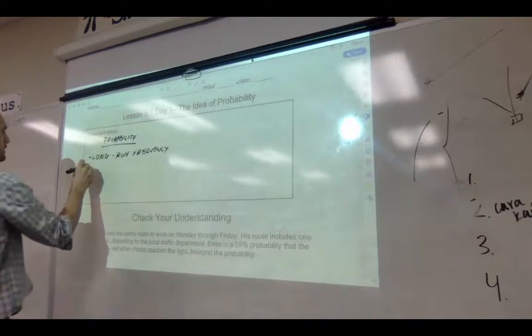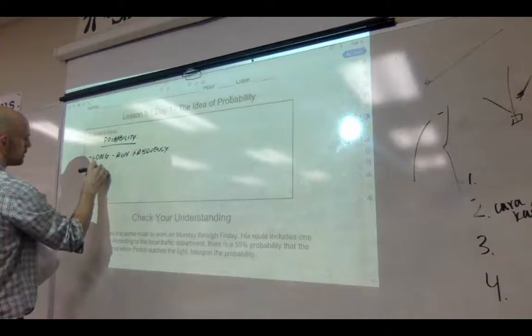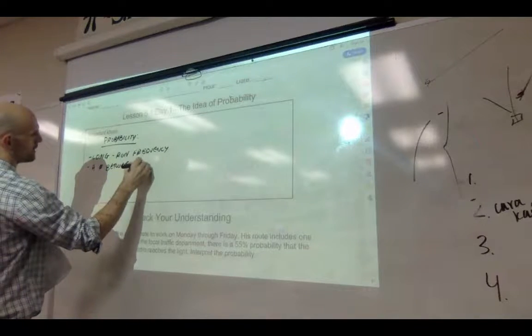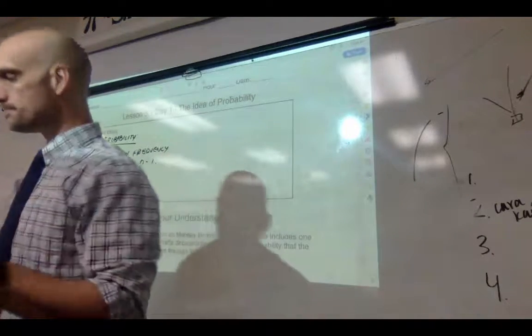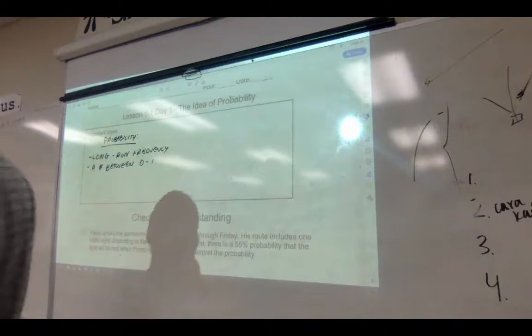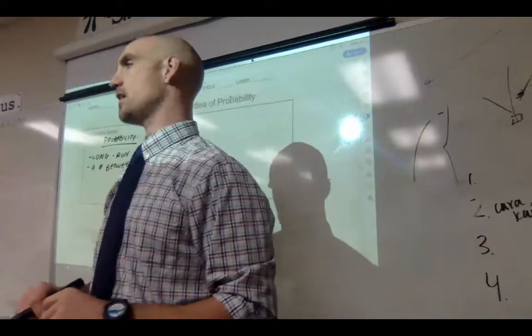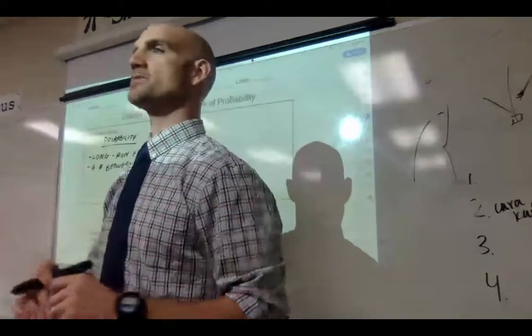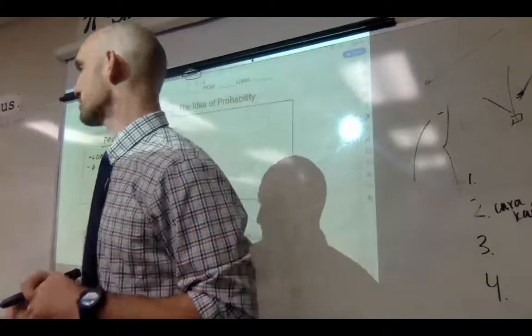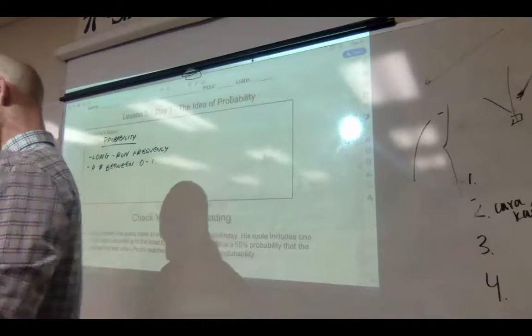It's going to be a number between 0 and 1. 0 means it cannot happen. 1 means it always happens. What's the chance that there's rain today? 60% chance of rain. What's the chance there's weather today? 100% chance. Okay?